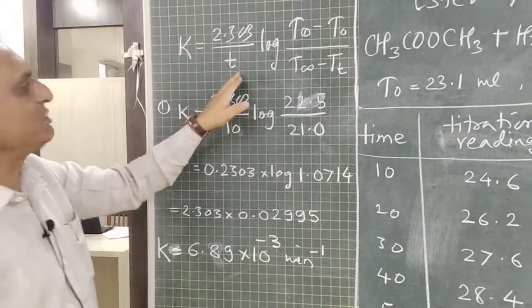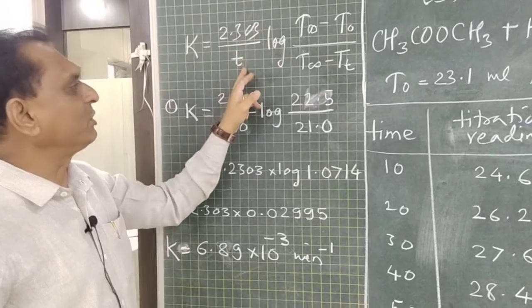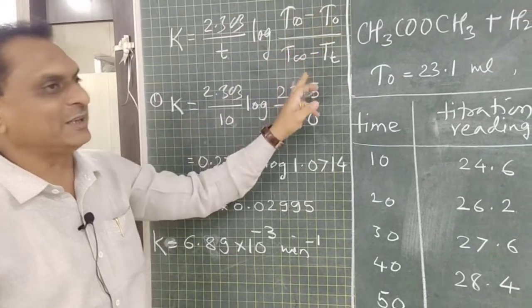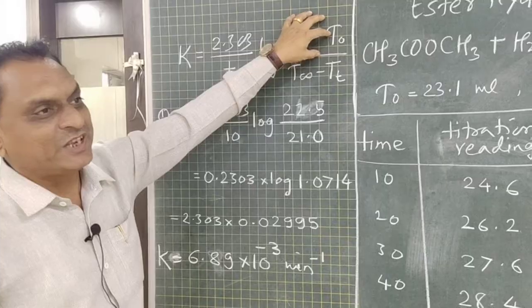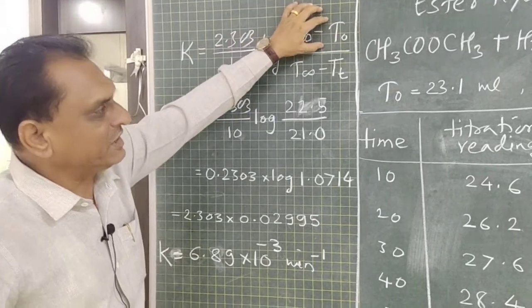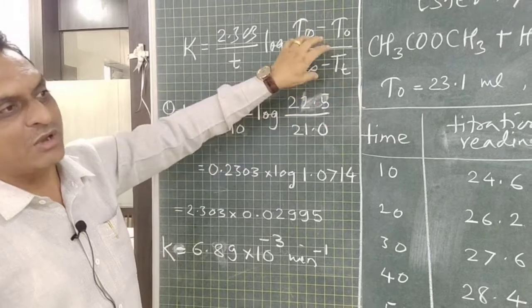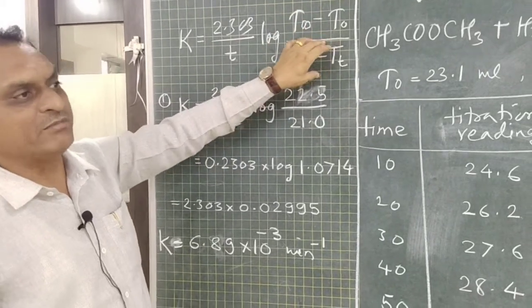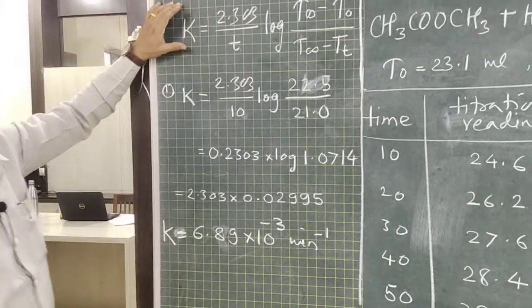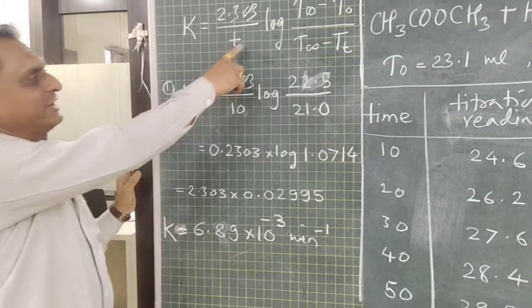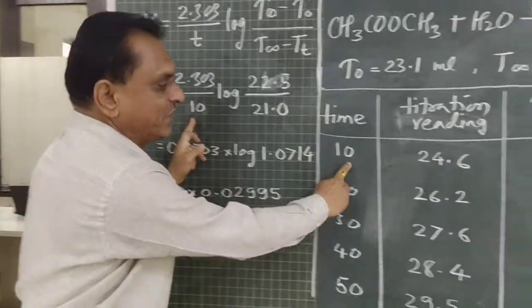reaction, in which we have 2.303 upon t log of a upon a minus x. So a is the initial quantity or concentration, and a minus x is the amount of reactant left after time t. So this formula is one and the same. Now we have to put t value as 10, that is, time is 10 minutes.